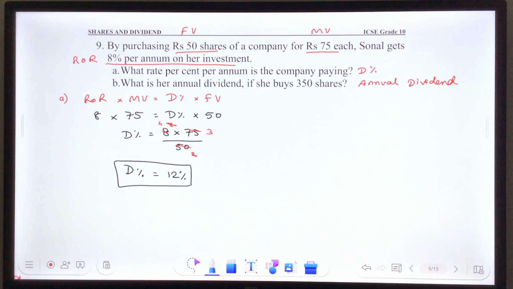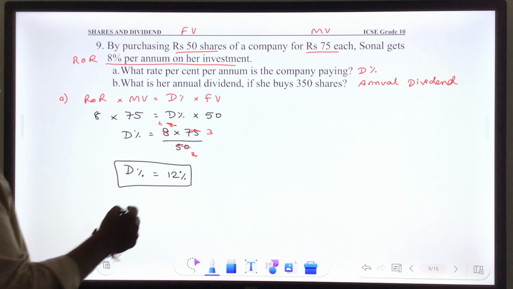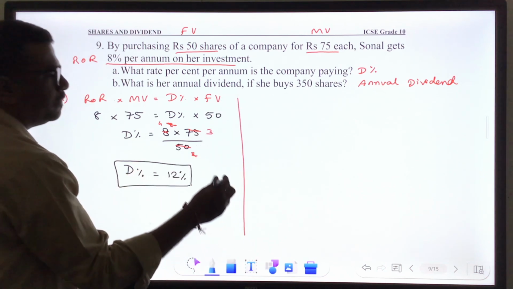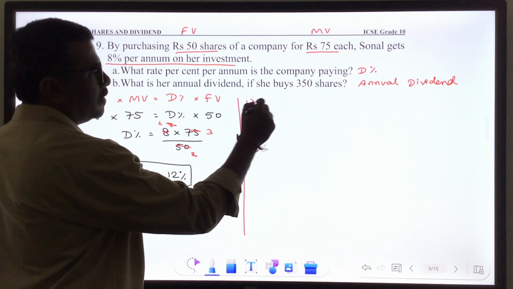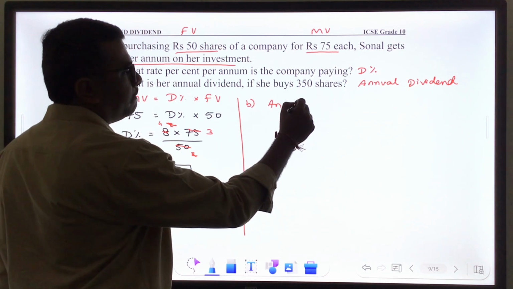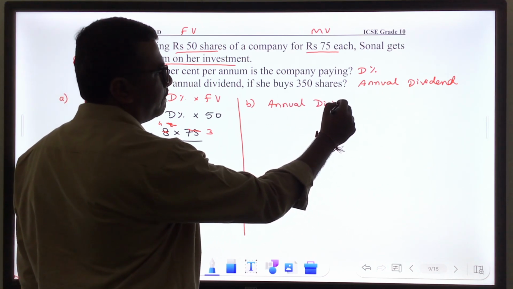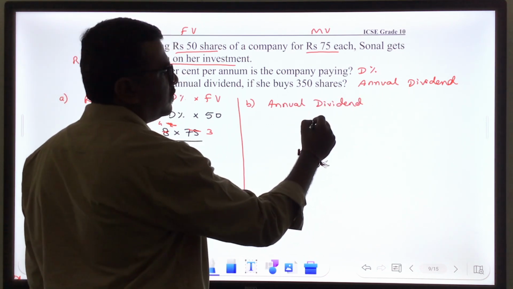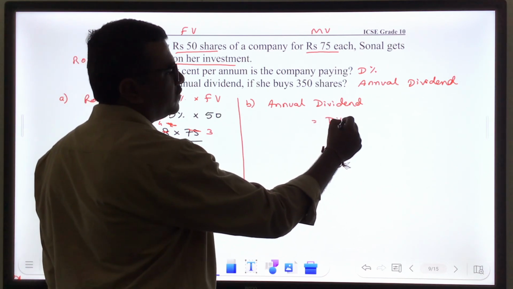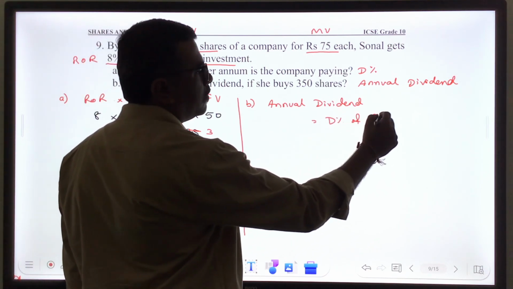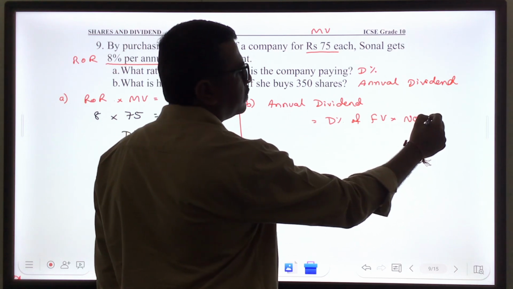Now once we know the rate of dividend, we can calculate the annual dividend when the number of shares is 350. So annual dividend is equal to D% of face value into number of shares.